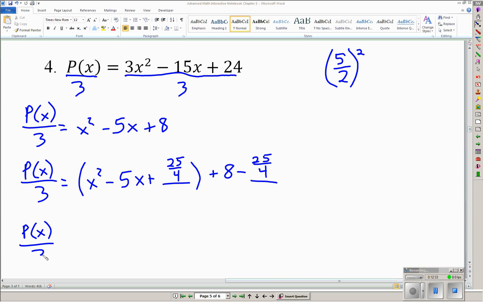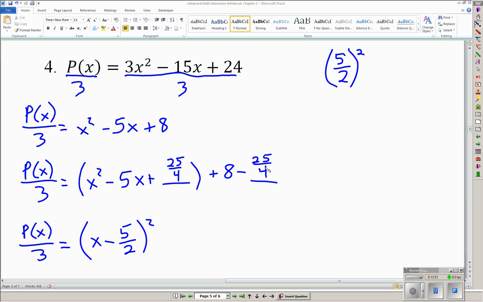P of x over 3 equals, this one might be hard to think what multiplies to get 25 fourths and adds to get negative 5, but just follow the other pattern. Square root the x squared, that's an x. That minus is a minus. And the square root of 25 fourths, square root the top, square root the bottom, that's a 5 halves.